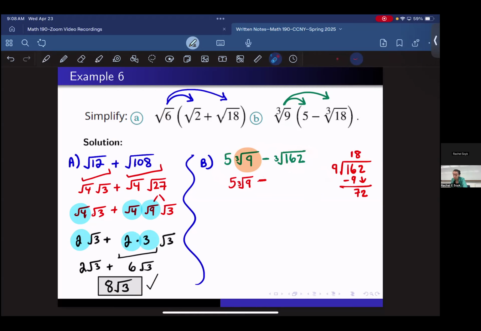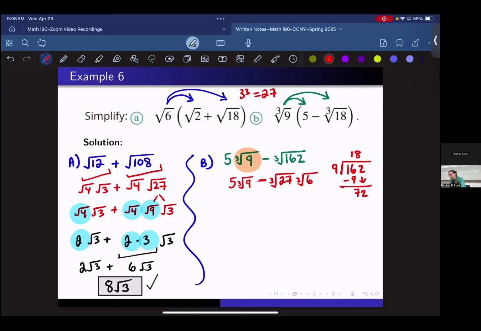Okay, let's try out 3. 3 to the third, 27. How many times does 27 go into 162? Goes in 6 times. So you can rewrite this as the cube root of 27 times the cube root of 6.